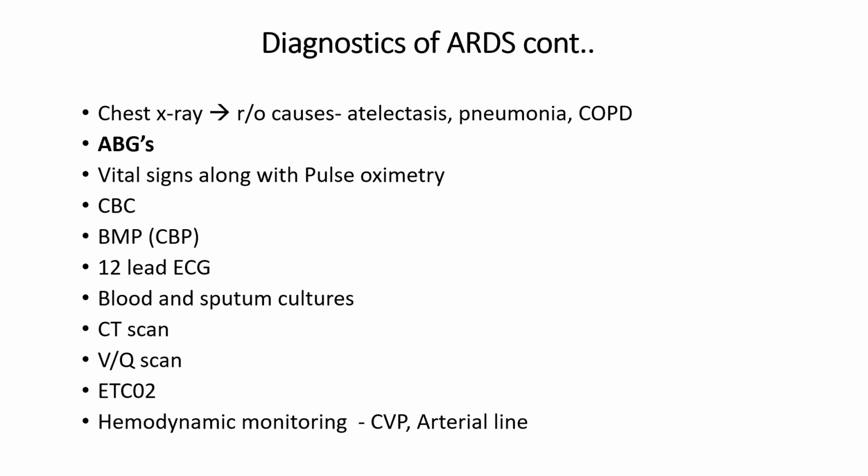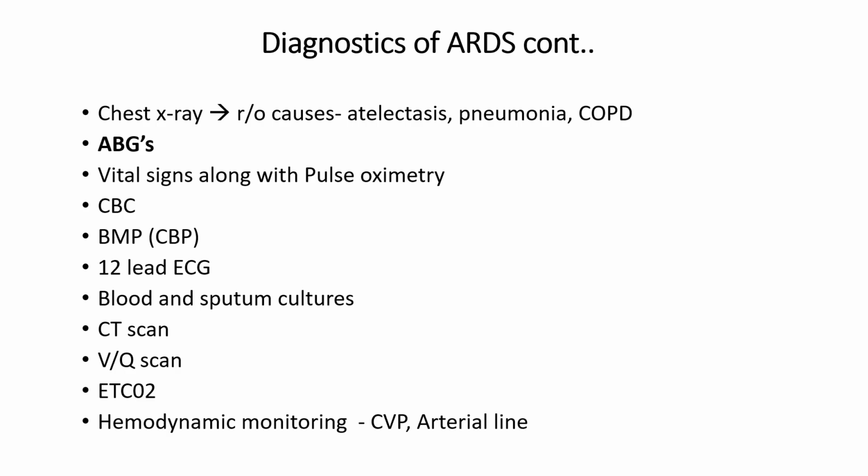CBC, which is a complete blood count, helps us identify any infection. You'll see elevated white blood cells. That could also indicate possible sepsis, which is the number one cause of ARDS. It can also show anemia, which worsens oxygenation, and other conditions contributing to the patient's respiratory status.